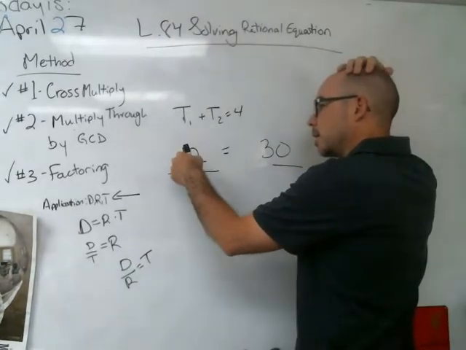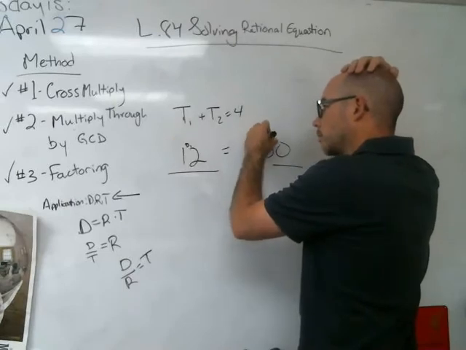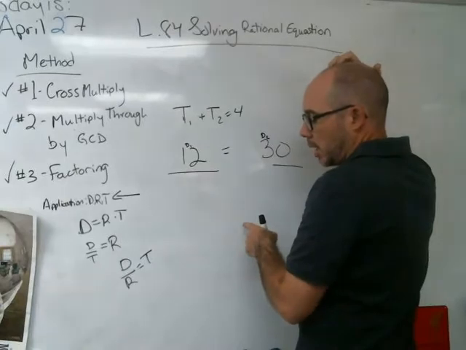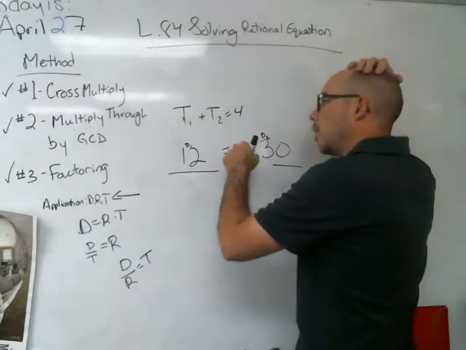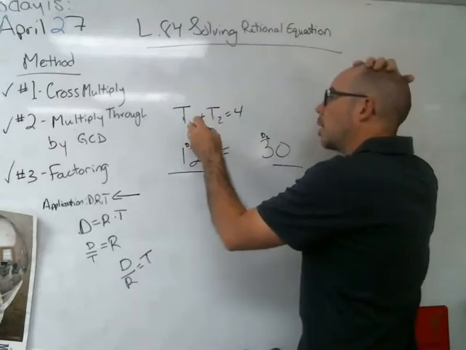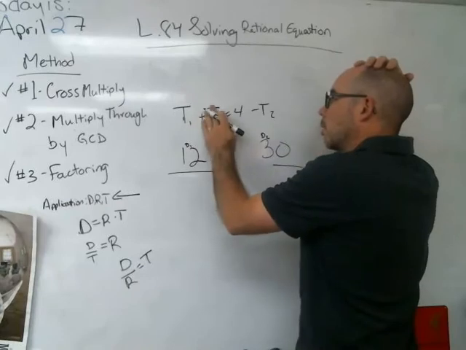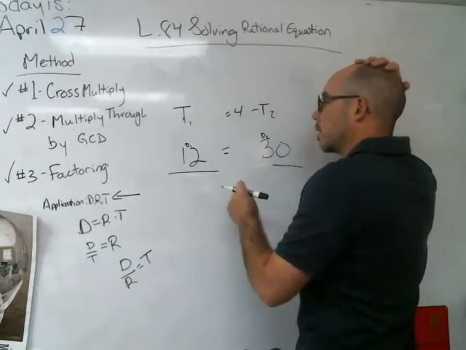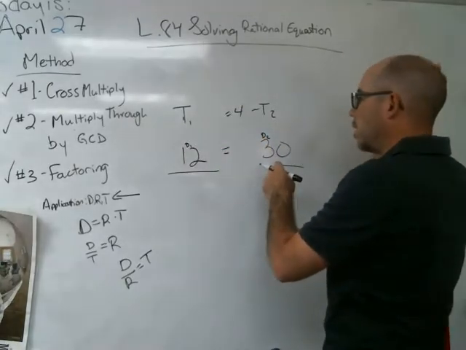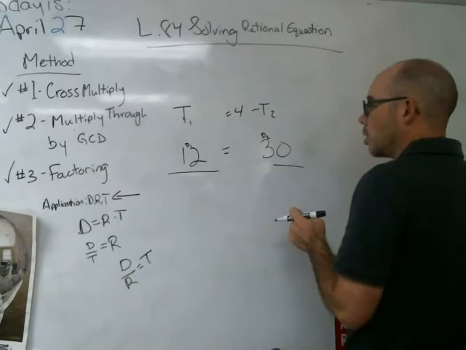So here's distance 1 and here's distance 2. And now I need to find out what the rates of these things happen to be. I know that if I add these two together, I'll get 4. Or I suppose if I want to have the t2 over here, that's the way that's going to have to go. First time equals 4 minus time 2.